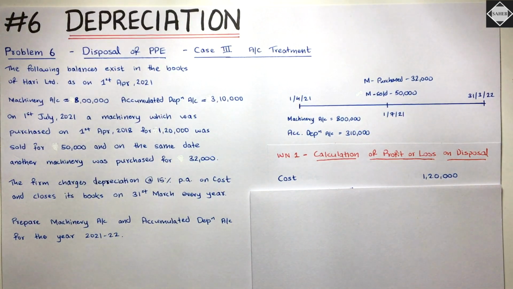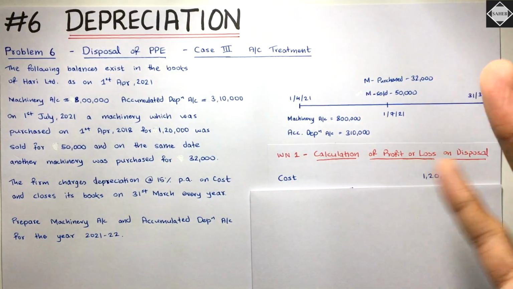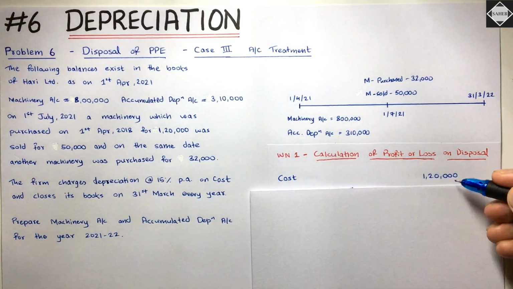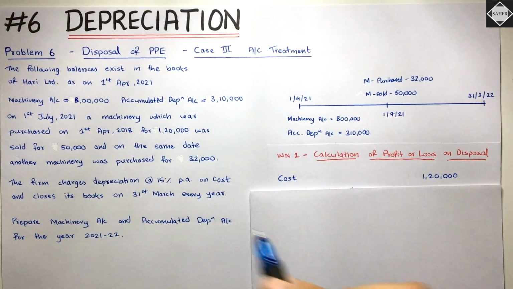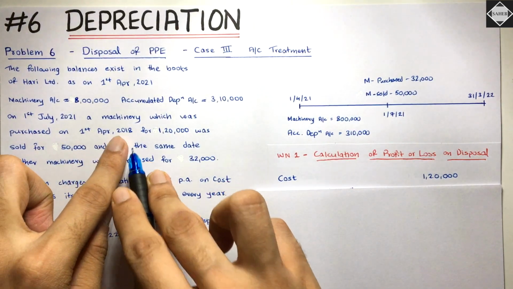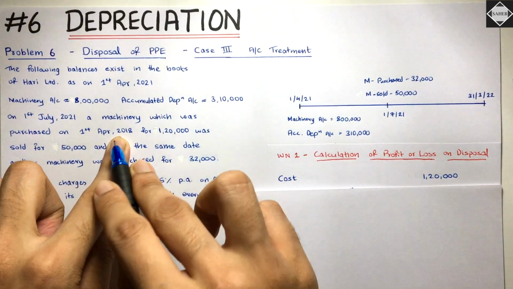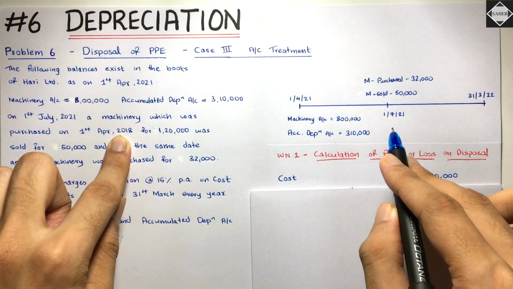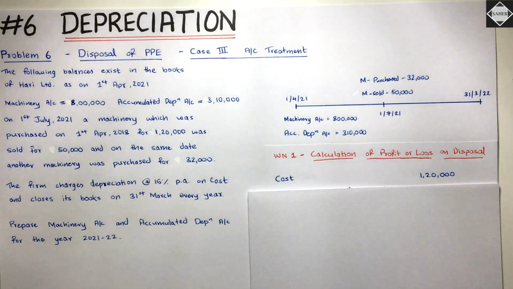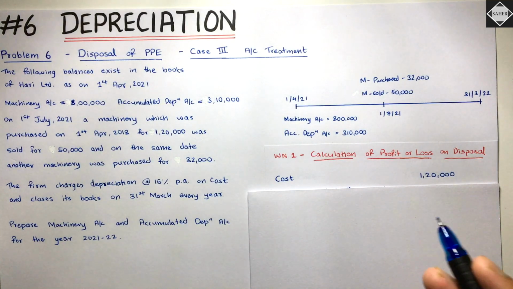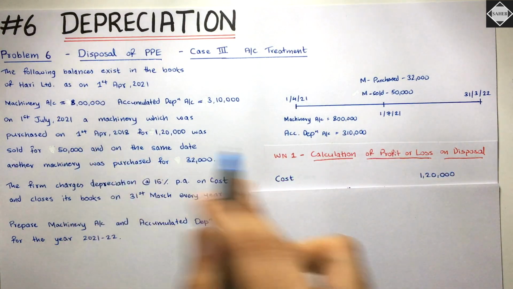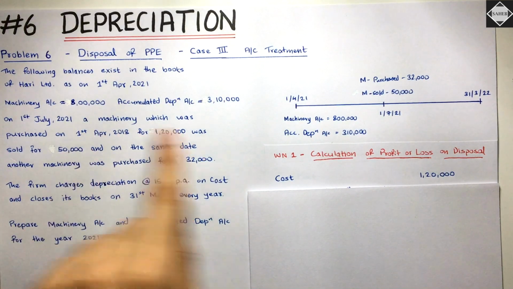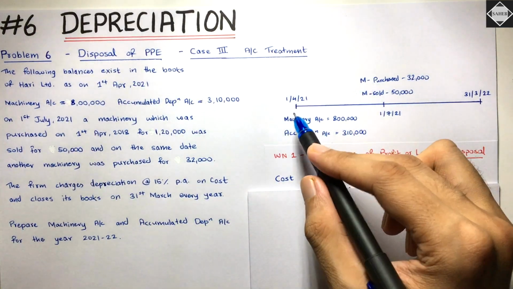But understand, you don't have the WDV of this asset. You don't have the book value of this asset. You have the original cost. So from original cost, from 2018, you have to come to 1st July 2021. To do that, understand properly, you have to subtract the depreciation of previous years also, isn't it? From 1st April till 1st July. So let's first come to 1st April 2021.